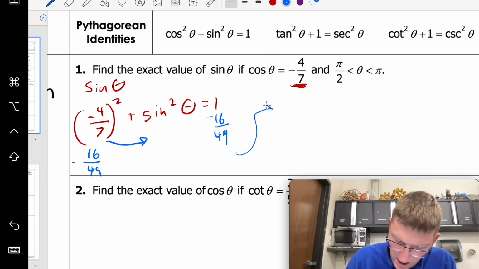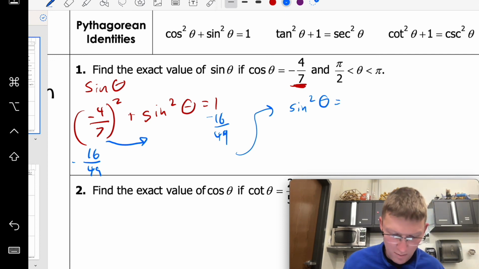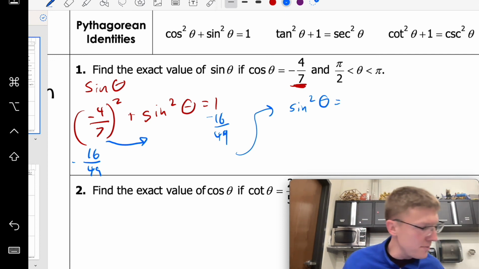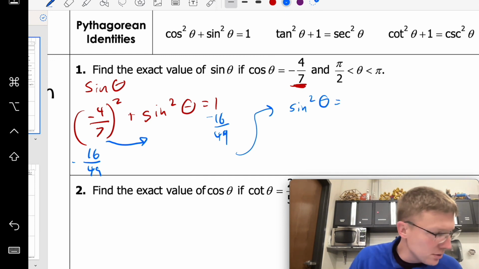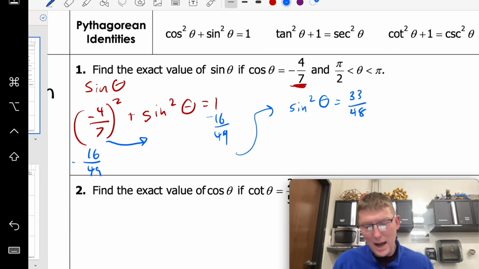So now we have sine squared of theta equals, we're going to make that one big number. So in my calculator, I'm doing 1 minus 16 divided by 49. Make sure you're entering it into your calculator correctly, and then it will give you a fractional answer. So that's what I got. Just skipping a little bit of the fraction math.